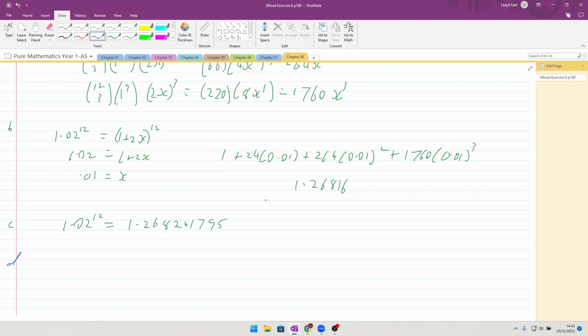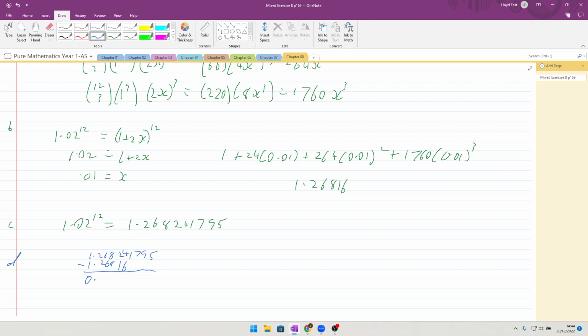So, since we've got a smaller number here, let's do the 1.268241795 and take away the 1.26816. Okay, do a takeaway on that. And it gives us, what's that, to the minus 5?